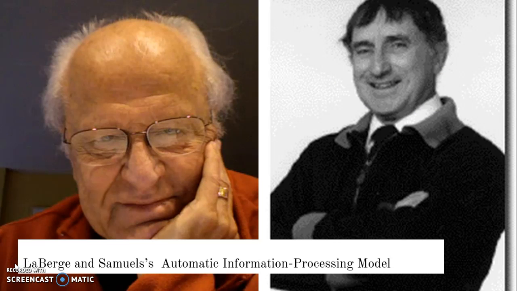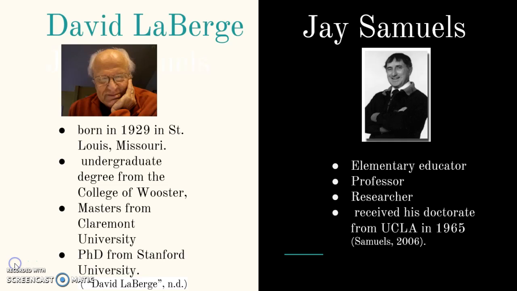The automatic information processing model is a bottom-up literacy theory explained by David LaBerge and Jay Samuels. In 1965, LaBerge and Samuels were pulled together by the University of Minnesota to collaborate. LaBerge had already begun work on a machine that tested reading response by showing students words and detecting correct or incorrect responses.